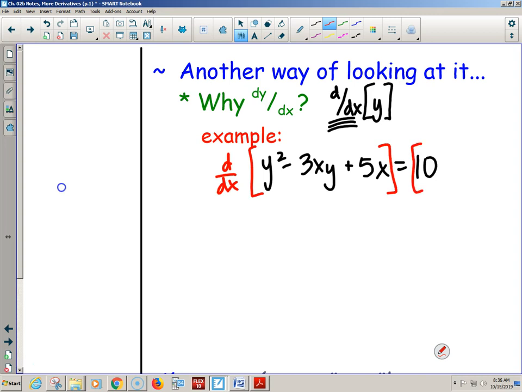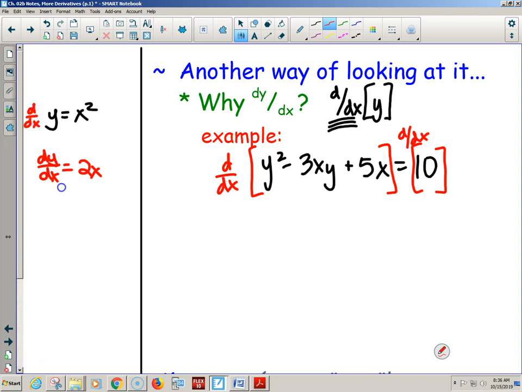Of one side and the other. Technically, every time you were finding a dy dx, if y was by itself and y was something easy, every time you wrote dy dx is equal to 2x, what you were actually doing was taking a derivative of both sides.